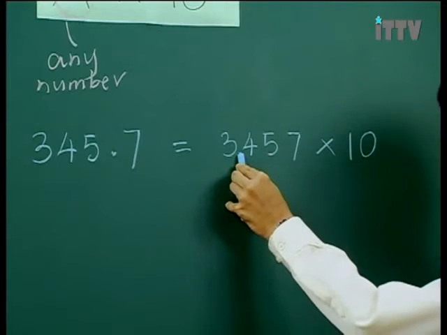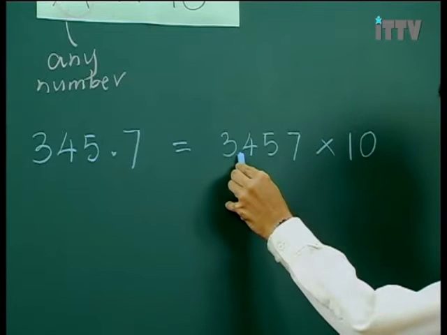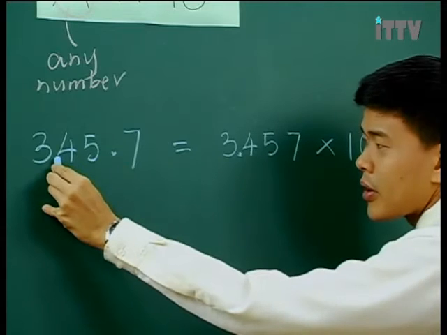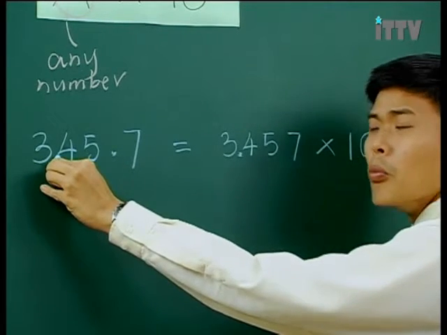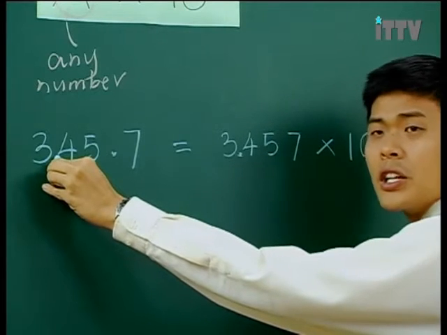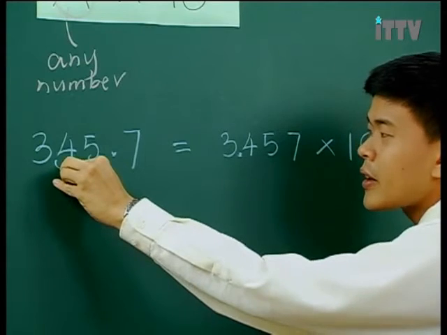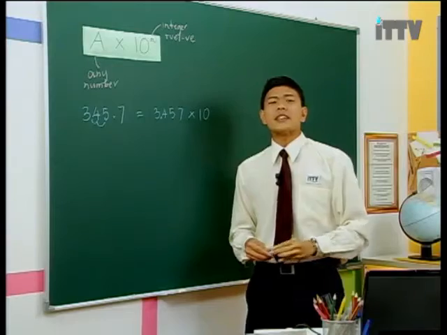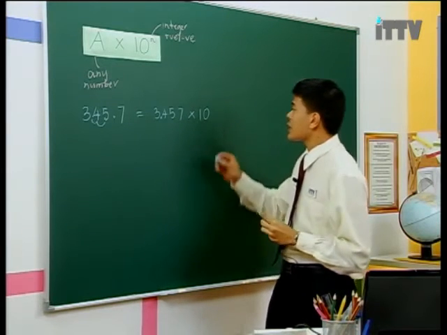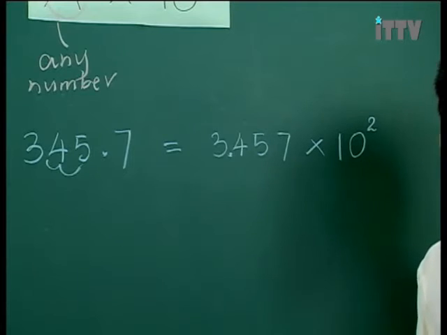Once we shift it to standard form, the point is on the right hand of the decimal, which is here. To determine the index number, move it to its original point, which is 1 step to the right and 2 steps to the right. So because it is 2 steps to the right, it is 10 to the power of 2.